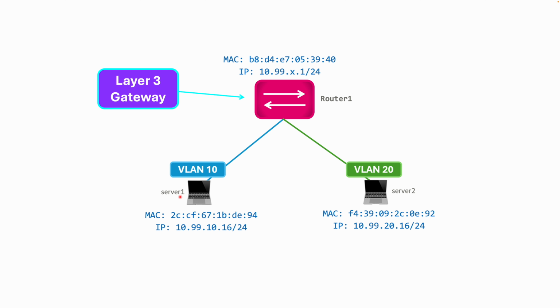Server 1 is configured with the default gateway for its subnet, 10.99.10.1, which on router 1 is configured as an SVI. Server 2 will have a default gateway of 10.99.20.1, which again is a layer 3 interface on router 1.